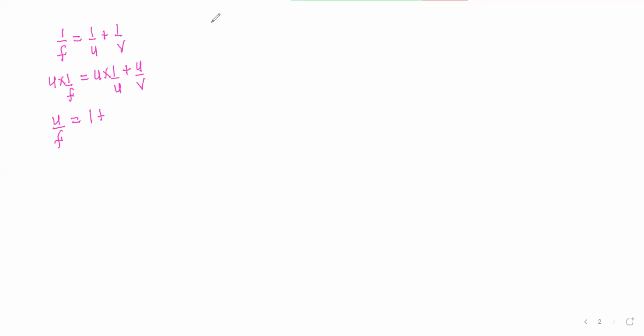Don't forget linear magnification is V over U. So when I turn it upside down, I have 1 over M is equal to U over V. And so wherever I see U over V, I can substitute 1 over M.